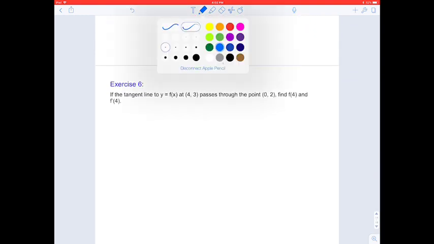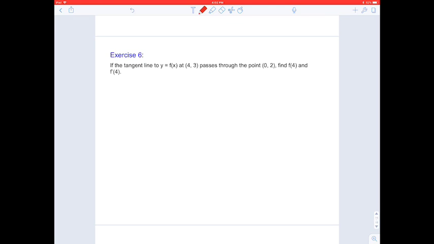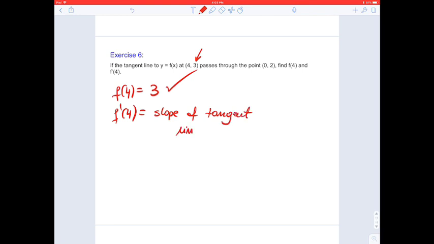Okay, and the last one: if a tangent line to the function f of x at 4, 3 passes through the point 0, 2, find f of 4 and f prime at 4. F of 4 we can see is the corresponding value. I don't even have to think, it's simply 3. Done. F prime means slope of the tangent line, of course, at the point 4.